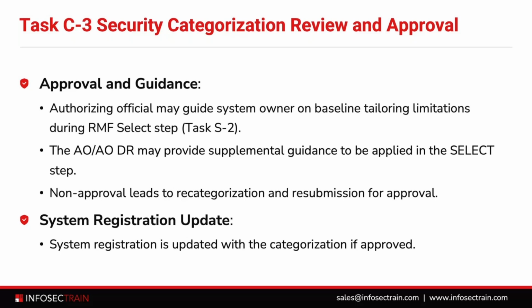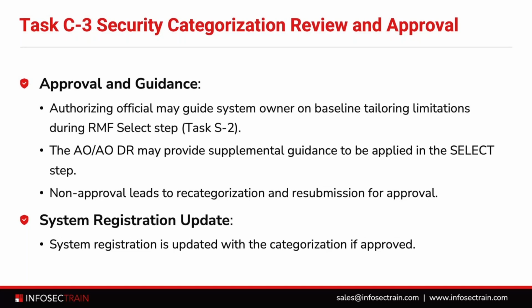Non-approval leads to recategorization and resubmission for approval. So once the systems are sent for approval for categorization, and if there are any issues, or if they are not aligned with the organization's objectives, a non-approval can be received. Then again, from scratch, the categorization phase needs to be followed.